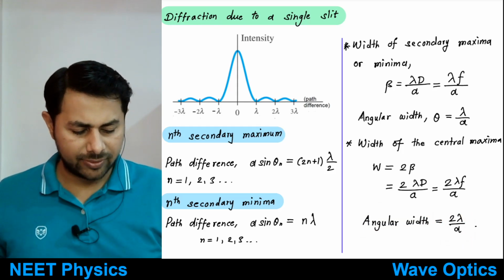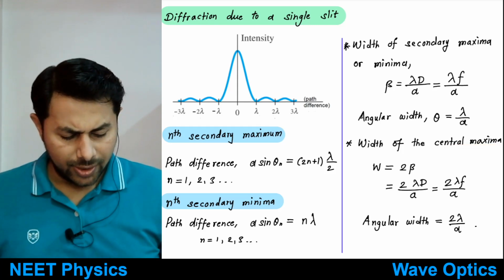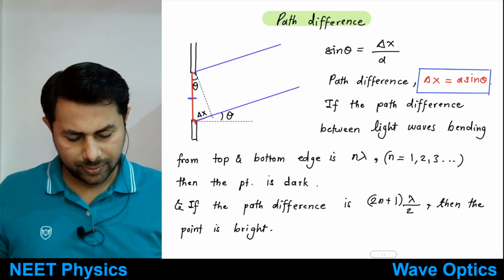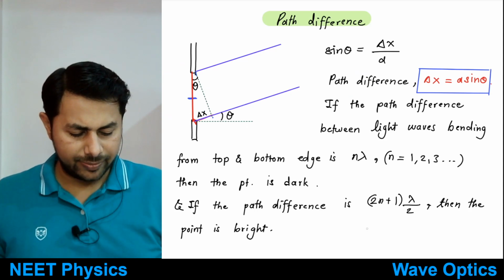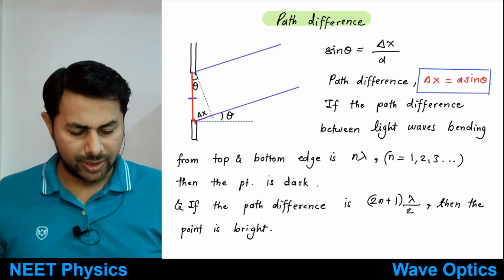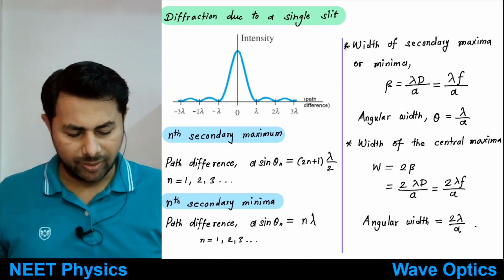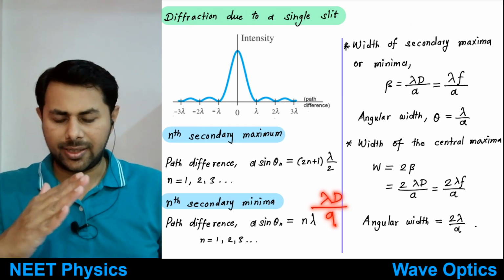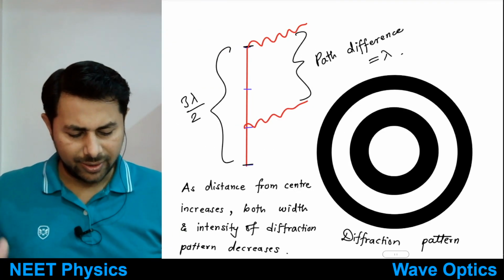Now you might ask, why is the width of central maxima this much? See, what is the condition for the first secondary minima? Path difference should be equal to lambda. So where is the first secondary minima formed? It will be formed at lambda times d by a on the upside and lambda times d by a on the downside, right?